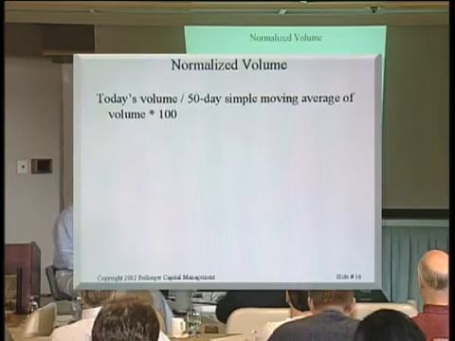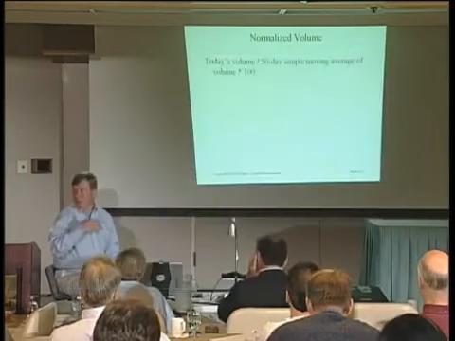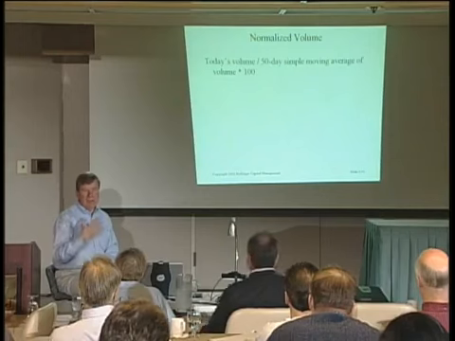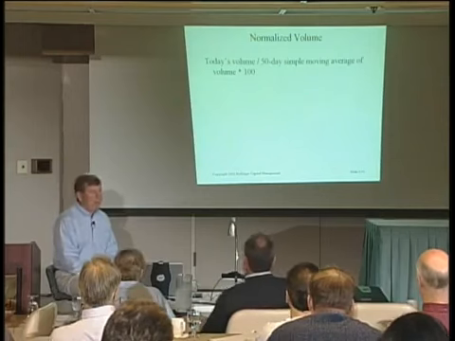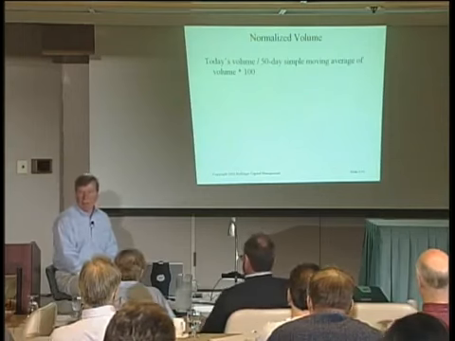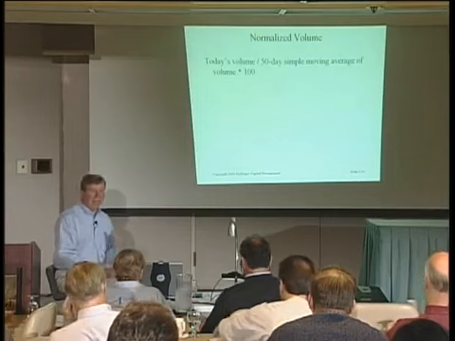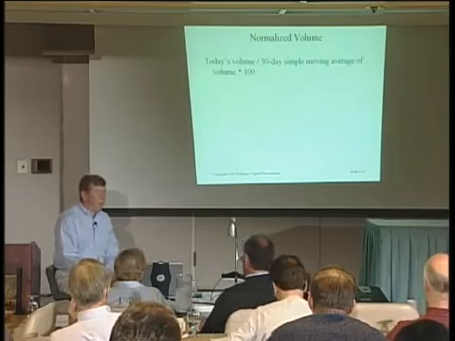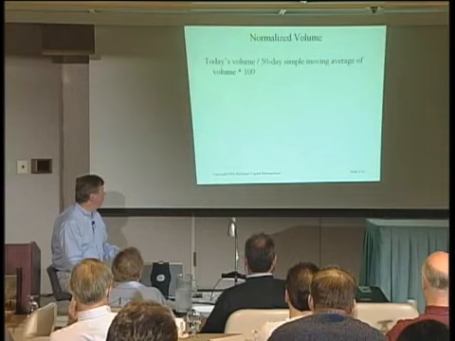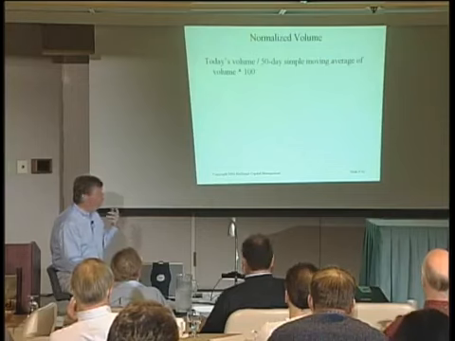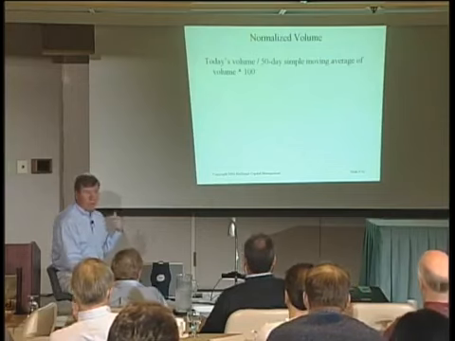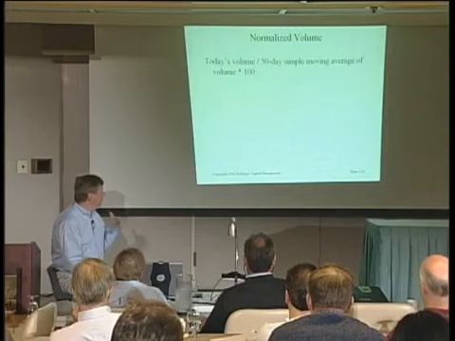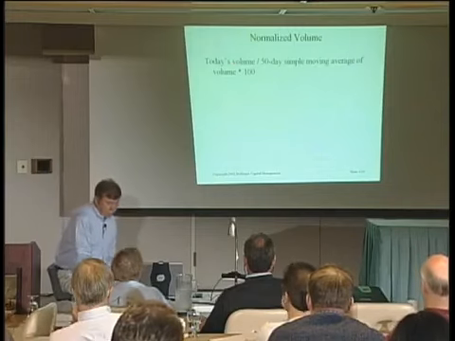And I multiply it by 100 just to bring it up to an integer scale, so we're not talking about 0.534 or something like that. It's an easier number for the mind to get a handle on. So normalized volume is simply today's volume divided by the 50-day simple moving average of volume.